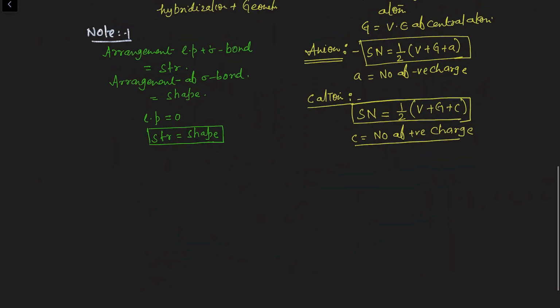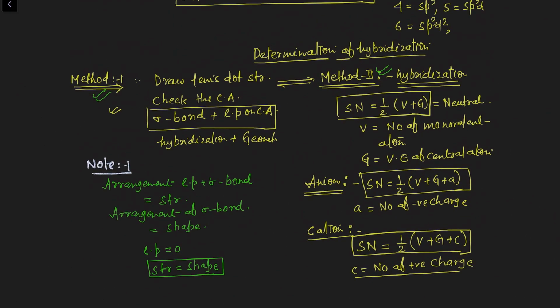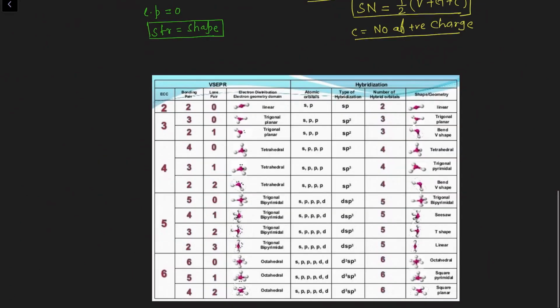Let us start. But before starting the examples, generally when we learn hybridization, valence bond theory and valence shell electron pair repulsion theory, we get a very long chart. But after the revision of all three concepts together, there is no need of this chart.